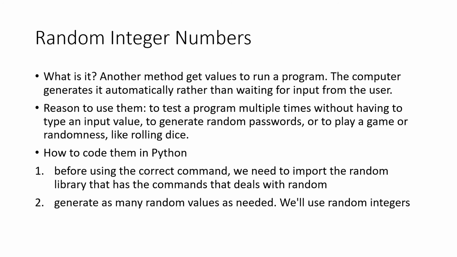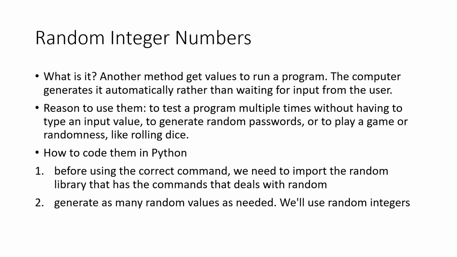We use them to test a program multiple times without having to type the input. So if you have an interactive program, you can comment out the interaction. So when you run it, you don't have to input each value. You can have the computer generate those random numbers for you, and the program will work faster, and you are going to see how it works with values that perhaps you don't even think about typing in.